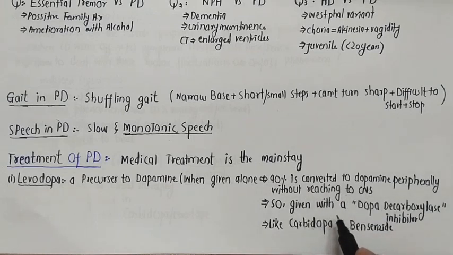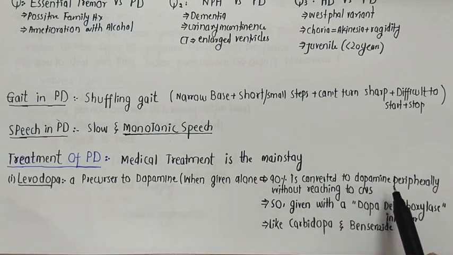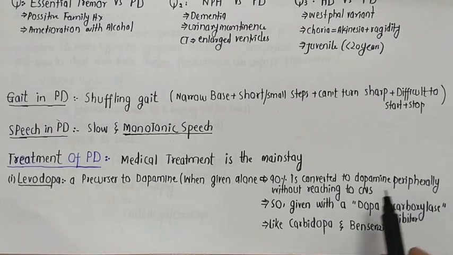So it is given with a dopa decarboxylase inhibitor, like carbidopa or benserazide. Dopa decarboxylase is the enzyme which converts levodopa to dopamine. Carbidopa inhibits this enzyme, so peripheral conversion of levodopa to dopamine is prevented.